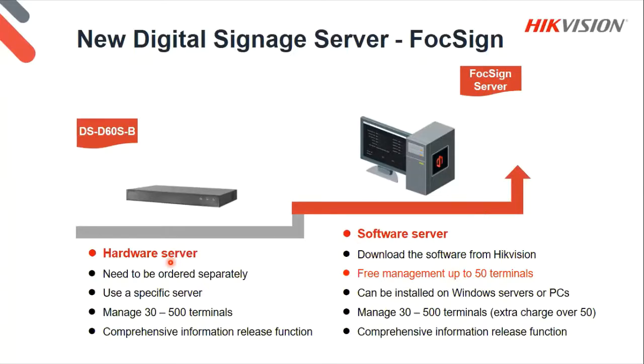What you can do that's similar between the hardware and the software versions, you can manage up to 500 terminals. Okay, so the maximum can be 500 terminals, and the same with this one, but we can customize it with a little bit of extra charge if you're going over 50 over there on that one. So free software there for up to 50, and then obviously licenses, like I mentioned, if you go over 50, but a total of 500 that you can control from the software side.